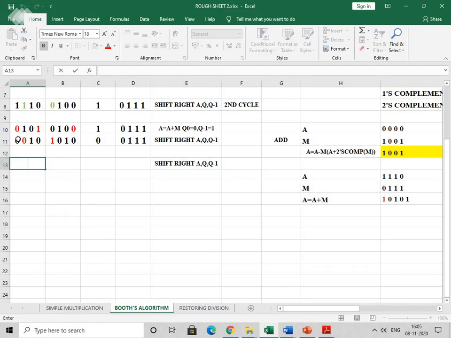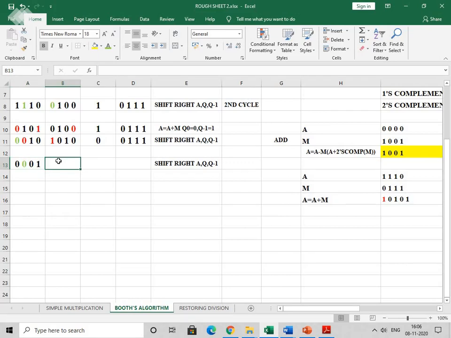So here again this 0 now will be shifted here. So 0 0 0 1, right? So this is the right shifted, this is present at A n minus 1, now it has become at A n minus 2, as well as this will remain same in A n minus 1 for the sign of the number.